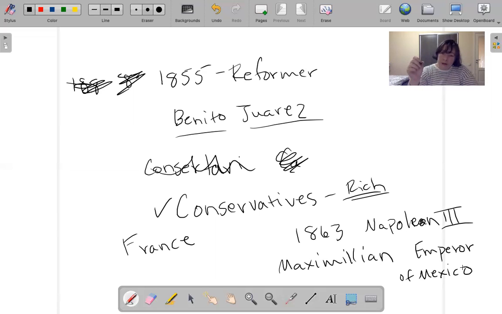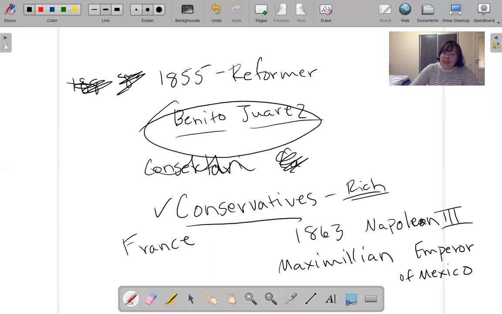Well, then there was a war. Benito Juarez's guys and Maximilian and the conservatives with French help fought. So Benito Juarez, the reformer that was trying to help the people, was fighting against the Mexican conservatives and France that wanted to keep things how they were, keep the rich rich, and keep the poor poor. Well, France eventually gave up and pulled their soldiers out.